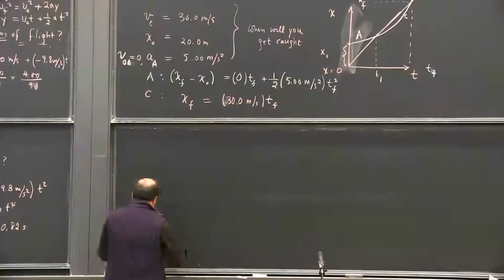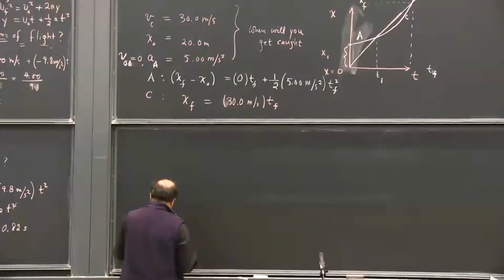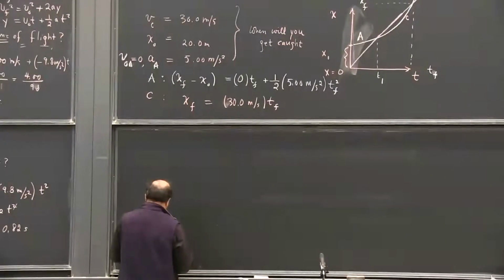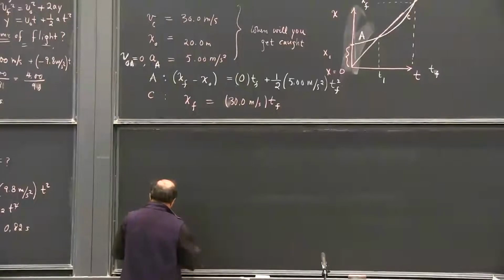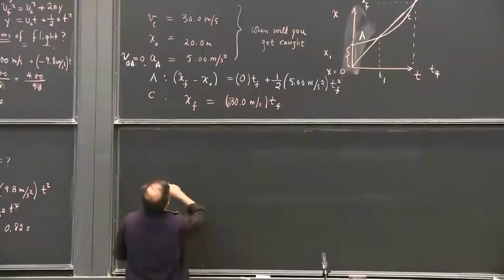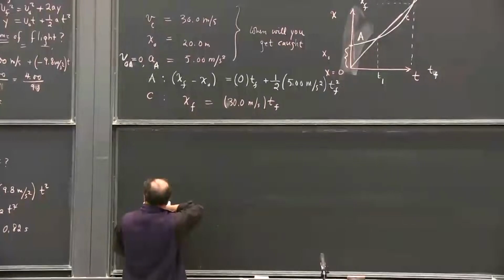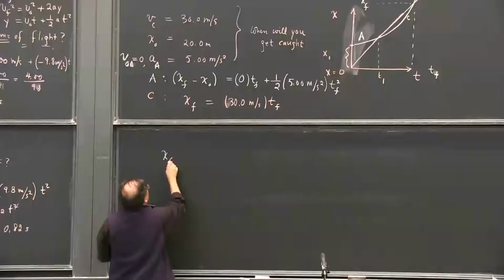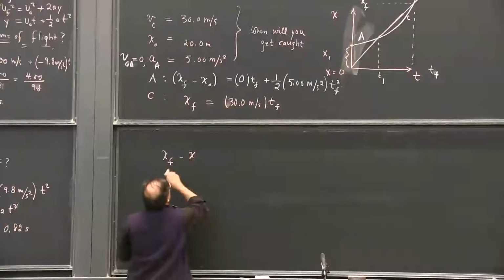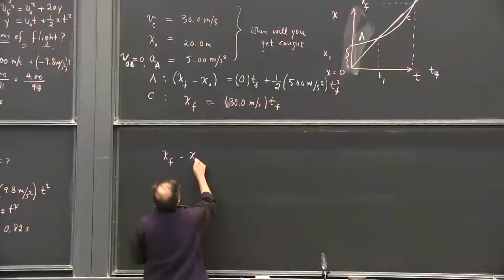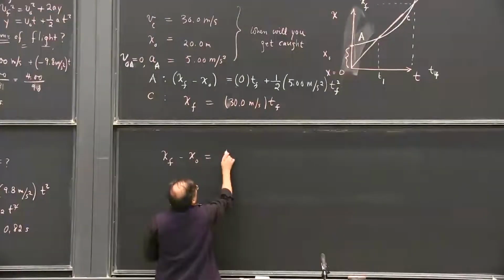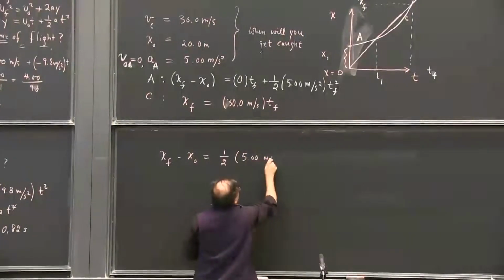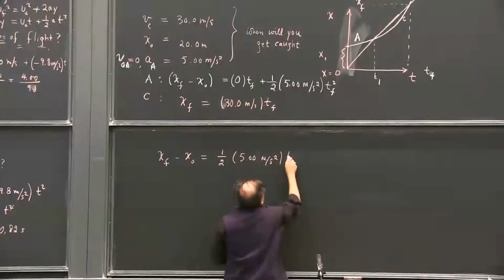There are quite a few ways of proceeding at this point. Let us say I want to try to take the first equation. x final minus x zero is 1/2 times 5.0 meters per second squared times t final squared.